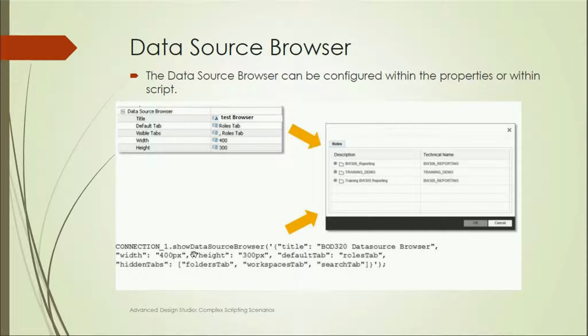Connection_1.showDataSourceBrowser is one of the functions, which takes a title, then data source, this is the title, then we can specify width, height, and the default tab will be the roles tab, and the hidden tab will be the folders, workspace, search tab. So these four properties we can set in the data source browser. Whenever the user runs it, he will get this option to select the data source browser.